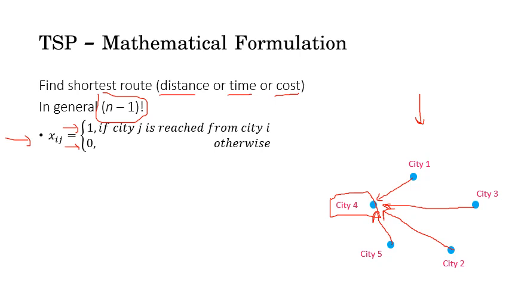In general, if there are n cities, then there are (n minus 1) factorial possible ways of completing the tour of n cities. Okay, so if we consider all these possible ways of completing the tour involving n cities, then there is a tour where the salesperson approaches city 4 from city 1.